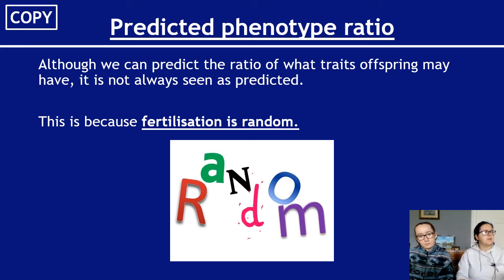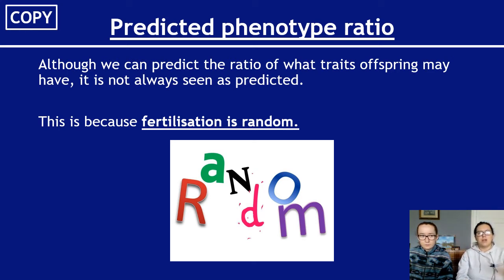If we look at male to female ratios, according to genetics you are supposed to produce exactly 50% males and exactly 50% females. Now think of some families that you know about. Are the children exactly half boys and half girls? No. The reason for that is fertilization is random. However, if we look at the country as a whole, yes, it's about 50-50 when we scale that up.